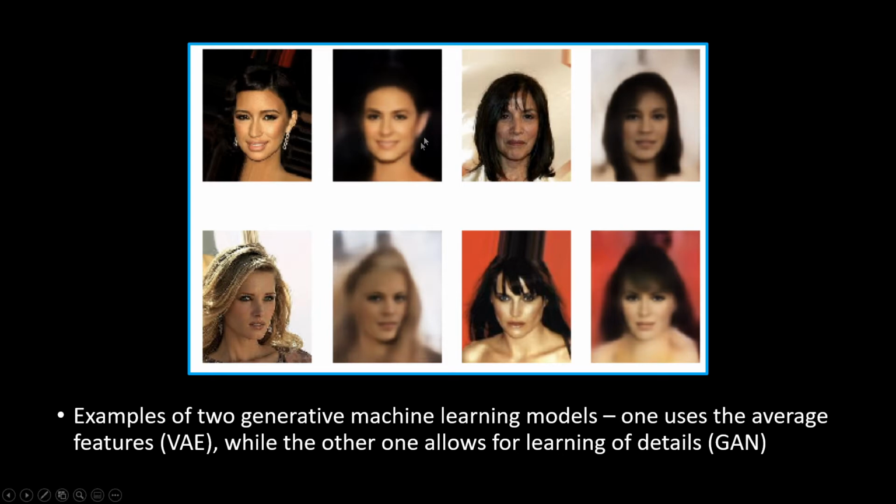One of them results in these blurry faces, and the way that model works is the variational autoencoder, this one. You don't have to know exactly what the model is or how it's working, but just to show it.